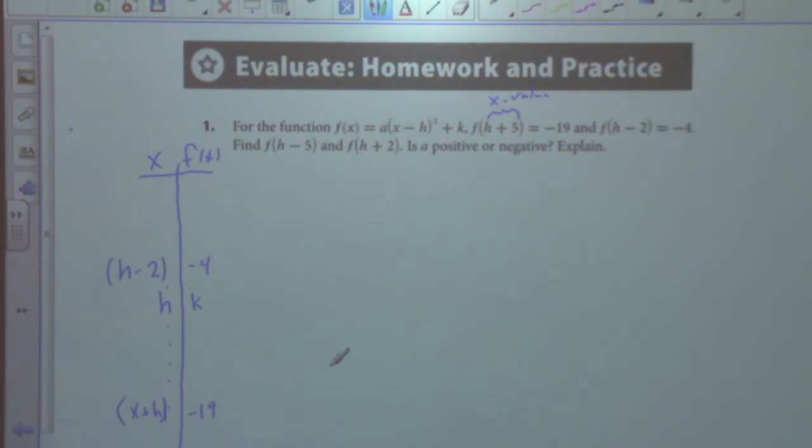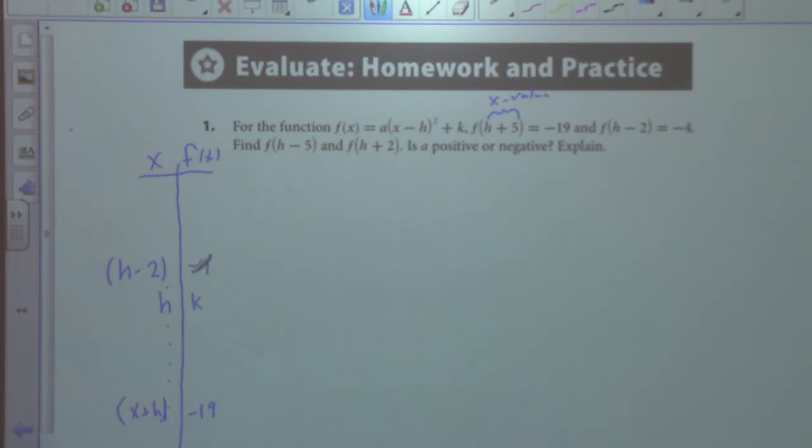So what do you know about this? It's negative. What's negative? H would be negative. Or K is at least.